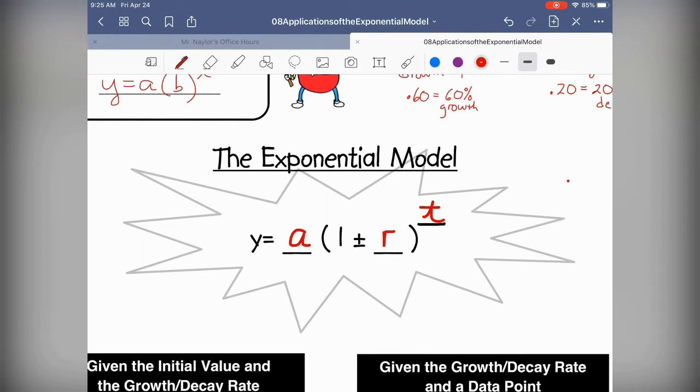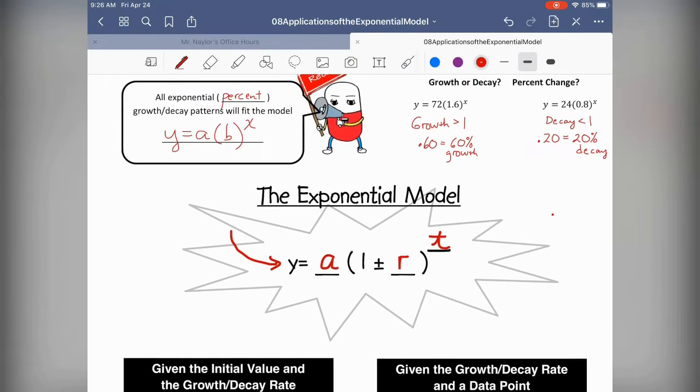First, we have our y equals, which in almost all cases in math, when you look at a formula, will be the final value. Versus a, which we will use as our starting value.